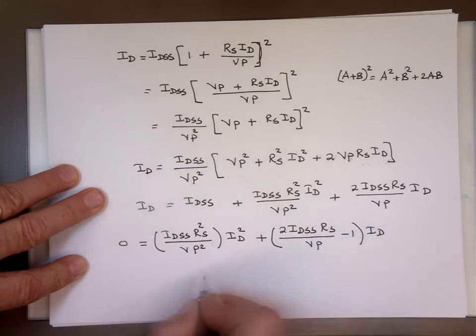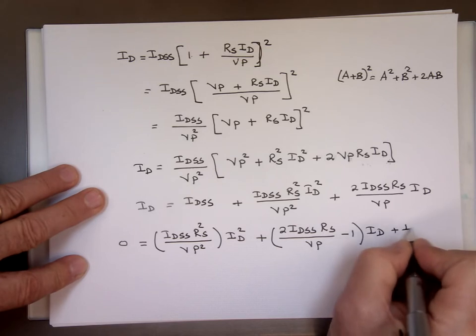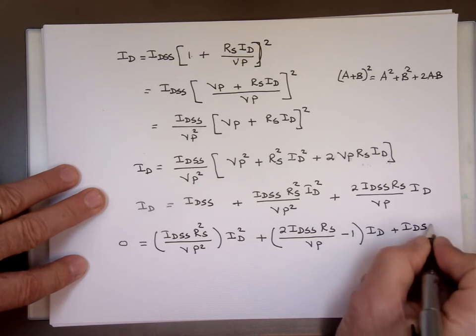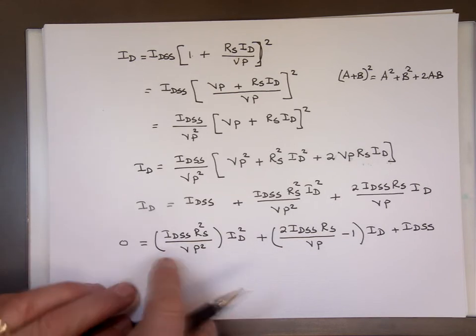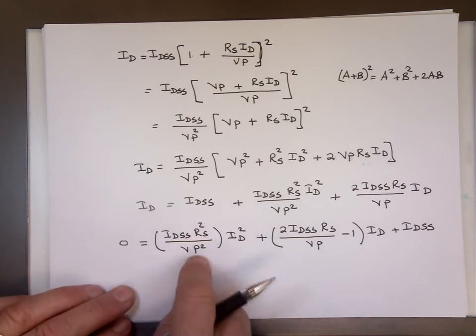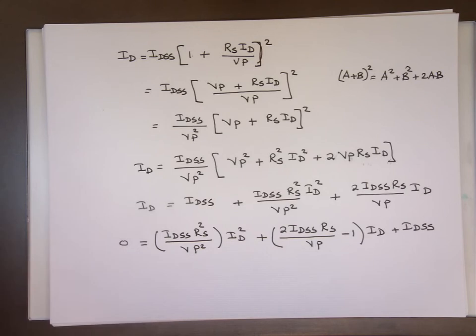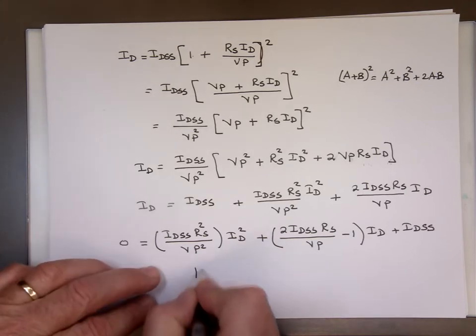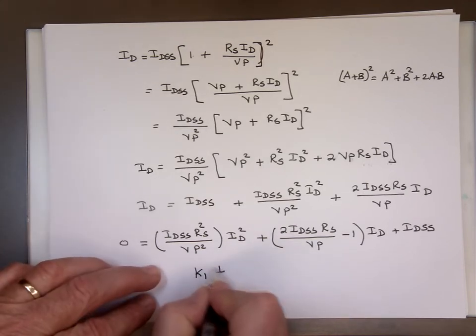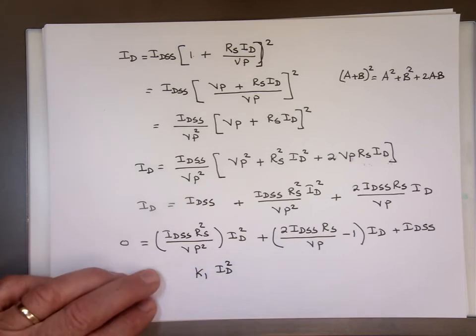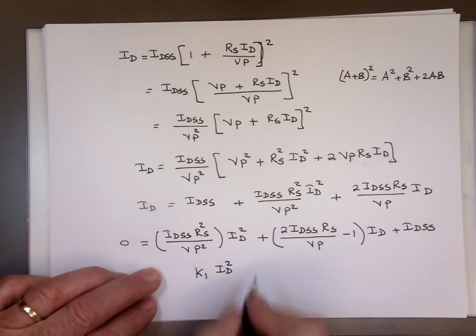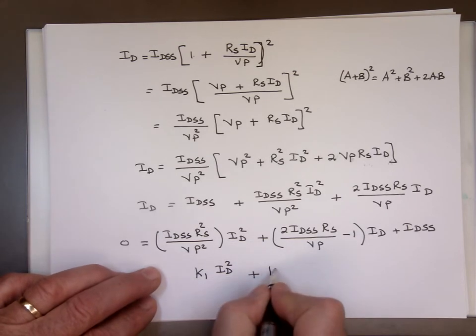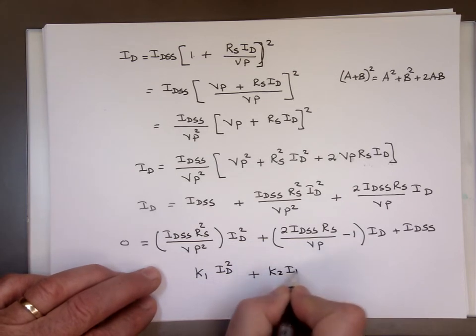plus I sub DSS. The reason I'm writing this way, because I'm trying to solve for I sub D. This is a constant, that's a constant, this is a constant. So this is some constant, we'll call it K1. All of these are constant. That's K2 I sub D. And that's also a constant.